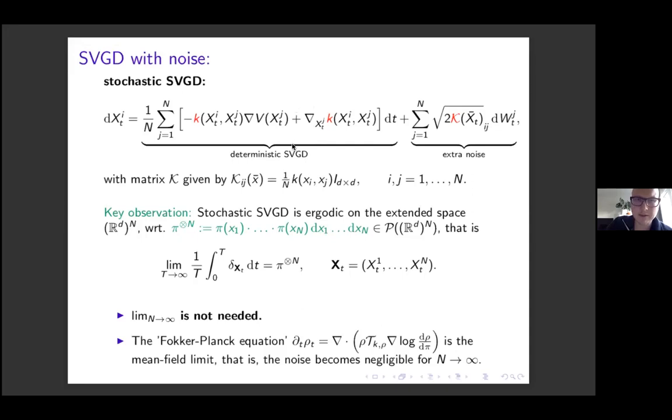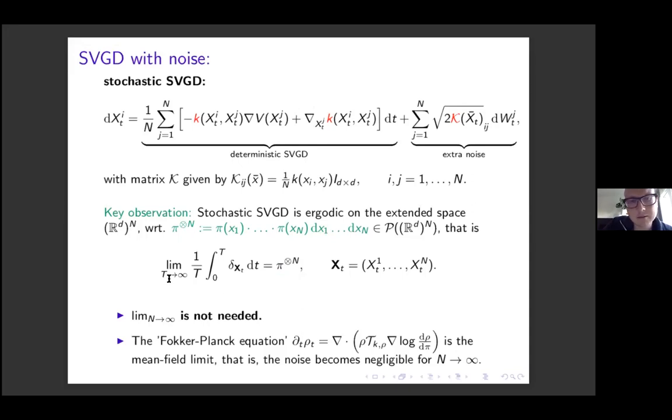Okay, and for computational purposes and also for theoretical purposes, it is interesting to note that the limit as n goes to infinity is not needed, right? So you can compute the target measure pi if you fix n. So n can be, for instance, 10.